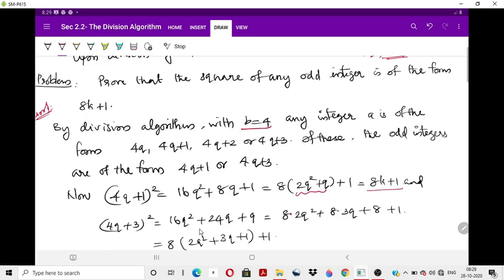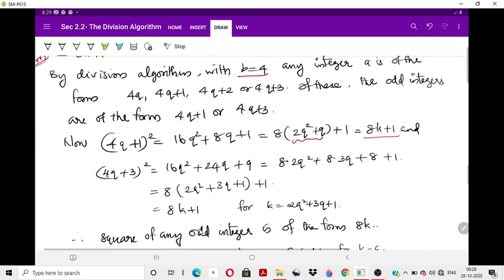From the first three terms we can take 8 outside. So this again is of the form 8k plus 1. That means we have proved that the square of any odd integer is of the form 8k plus 1.